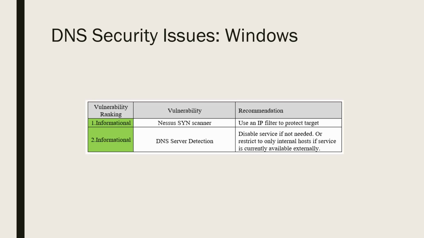And currently on this Windows, the DNS server is on a remote host and listening. So I would recommend, again, how I mentioned with the security issue with POP3, that it should be disabled if it's not being used, or it needs to have that access restricted to just internal hosts if it is wanting to be used.